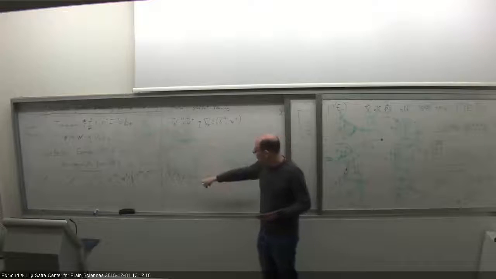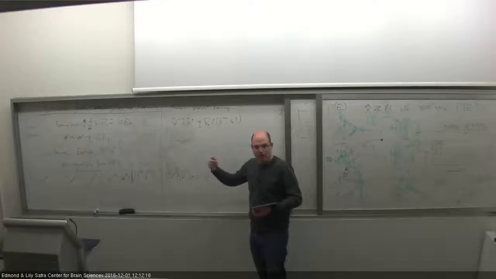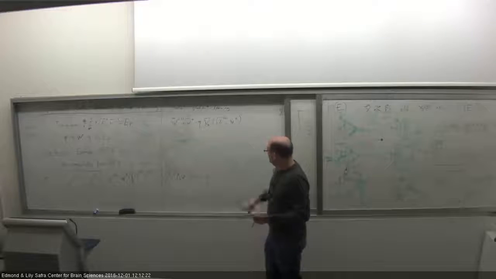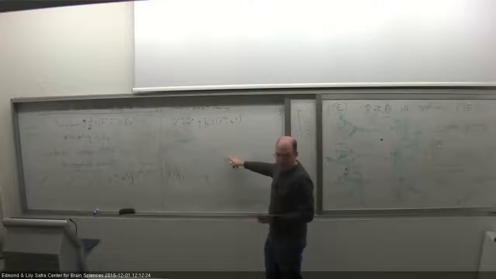When I write average here, it's averaged over examples with a weight given by p of x. So this is exactly this quantity.